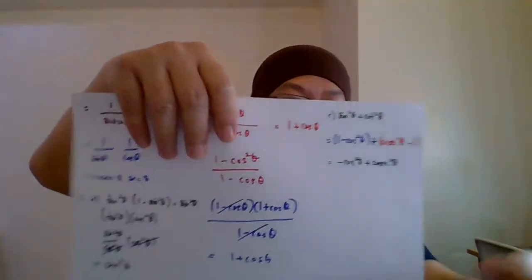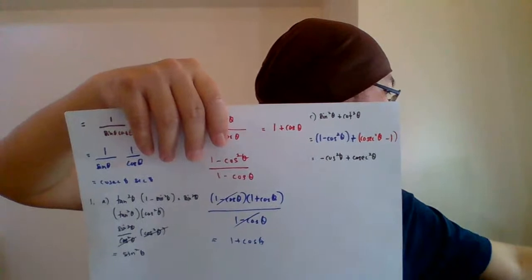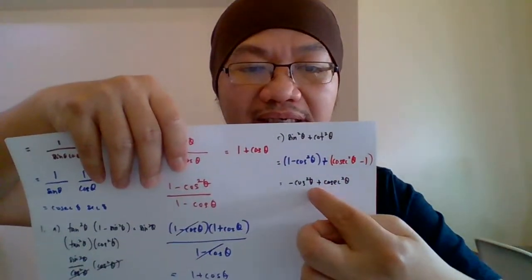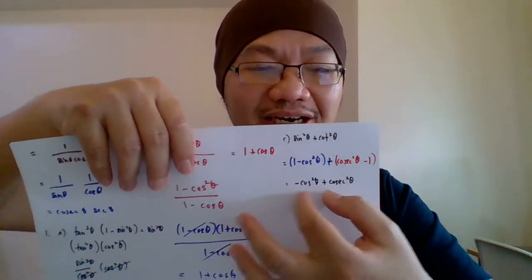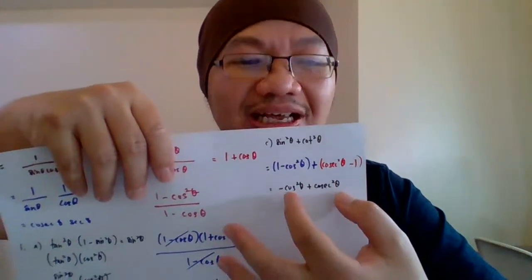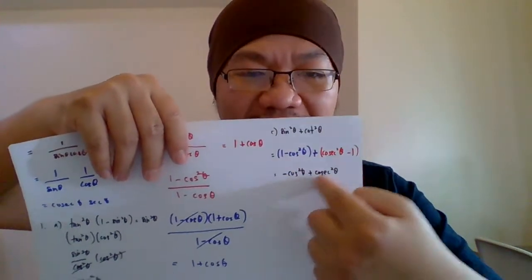Already proved, right? Because the question asks to prove this equation equals to mana tadi? Equals cosec squared minus cos squared, right? See, sudah sama. Even though the arrangement of the terms is in opposite direction, they are still equivalent. All right, so this is the final answer.